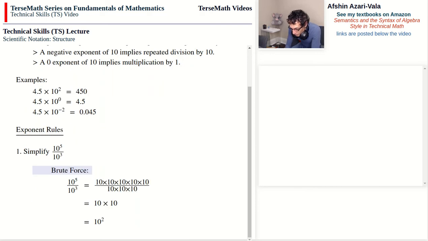Now, this is fine, except keep in mind that with scientific notation, normally the exponents of 10 are not so small. If that were the case, we would not be talking about very large numbers and very small numbers. Usually the exponents are much larger, such as 50 on the top and 32 down here.